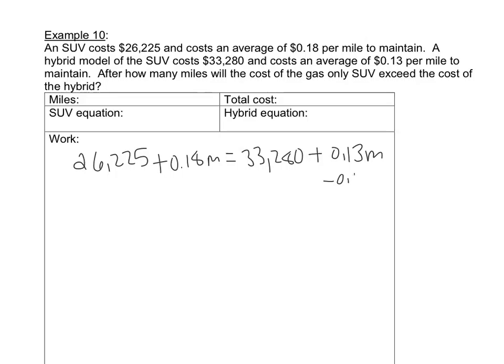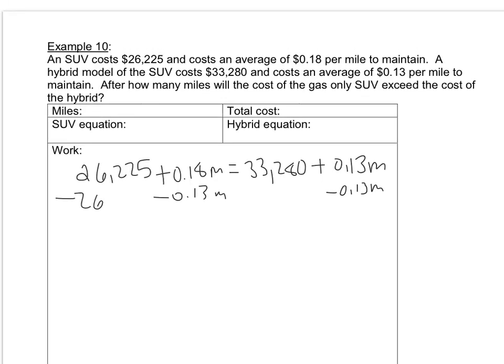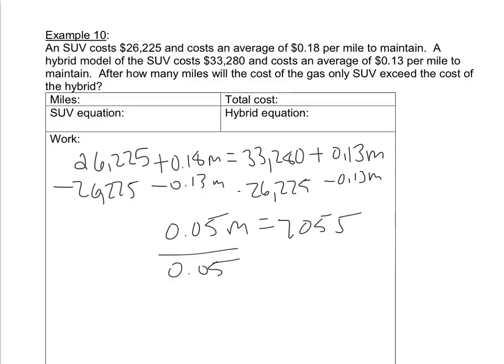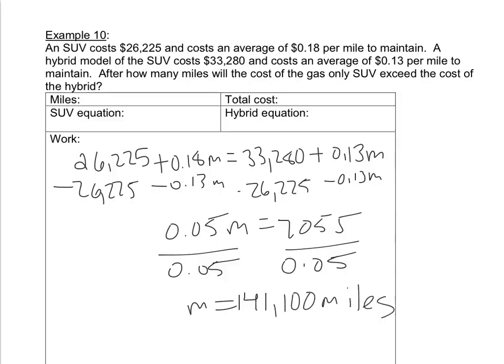So subtract the 0.13, subtract the 26,225, and so then we would get 0.05m equals 7,055, divided by 0.05, and you would get the miles is 141,100 miles. Okay?